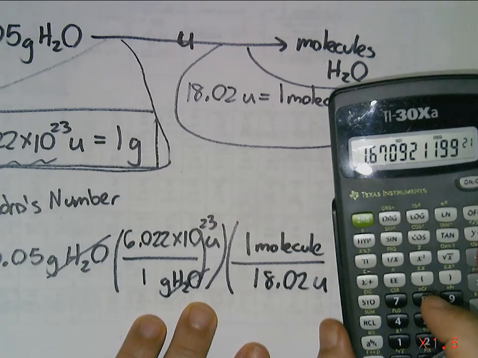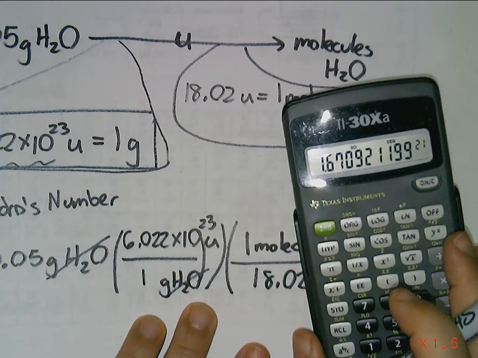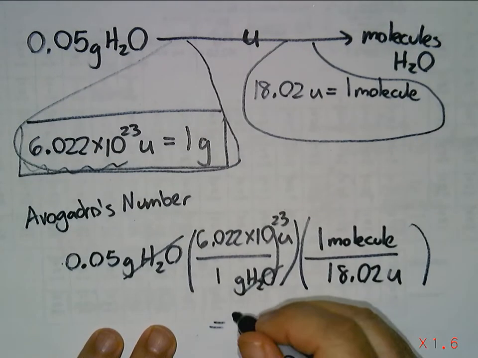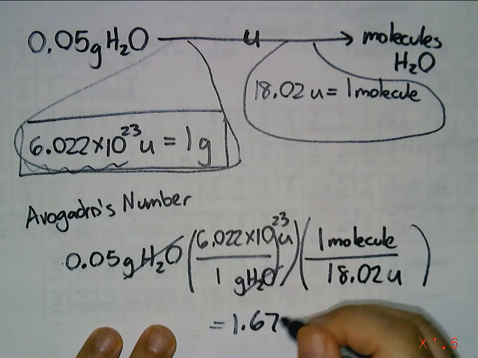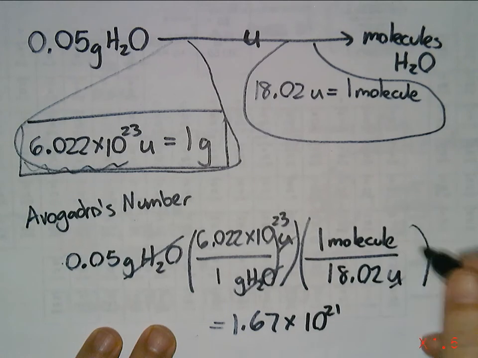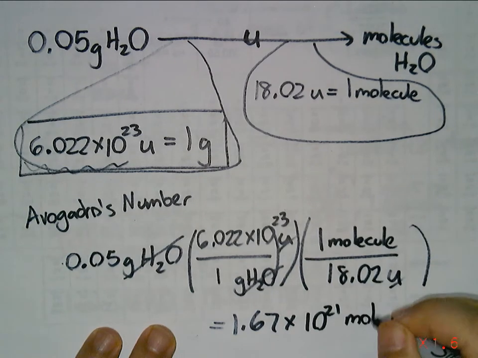And it's 1.67 times 10 to the 21. And what are the units? Everything canceled except for molecules. So the units are molecules.